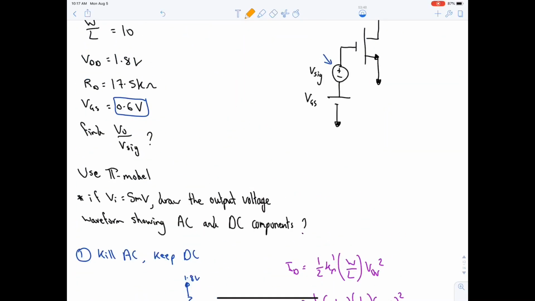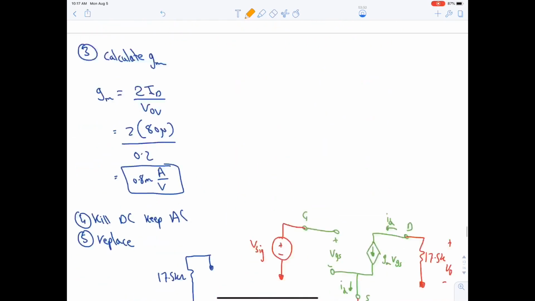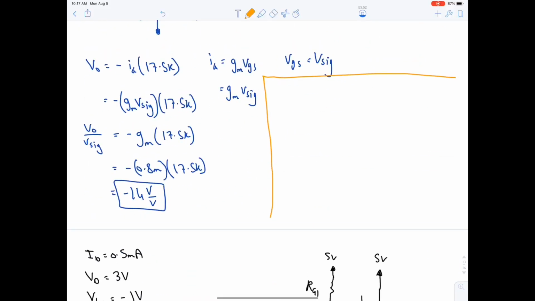V input is 5 milli. Okay, we need to draw the output waveform. So, time, V output. Let's begin with DC.